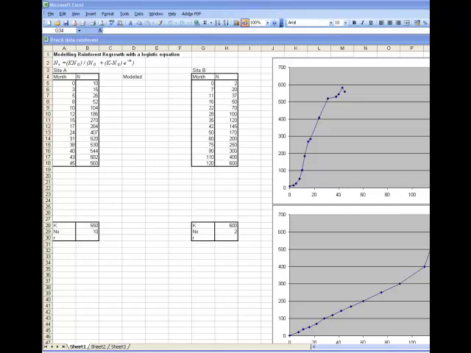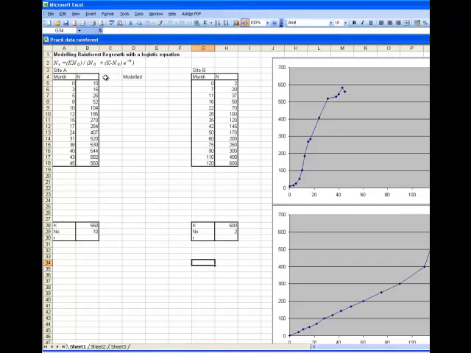This is equivalent to the equation for a straight line, y equals mx plus c, where the gradient is m. In the case of log Nt equals log N0 plus rt, the gradient is of course r. So we can find little r by finding the gradient of log population size during the early stages of growth.